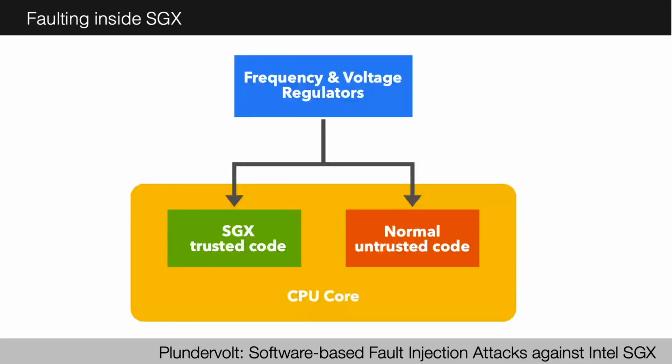Back to looking at the frequency and voltage regulators, what we discover is that the voltage and frequency is going to be changing on the CPU core even when something is running inside SGX's trusted code. So let's look at what happens if we try and fault inside SGX whilst we're undervolting in user space.